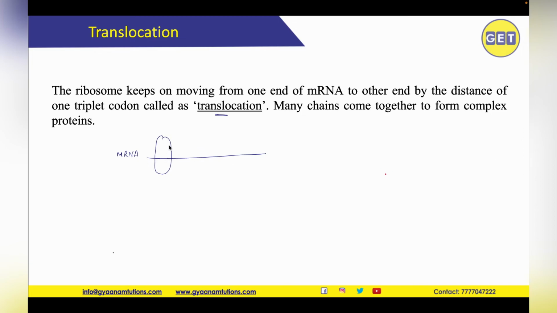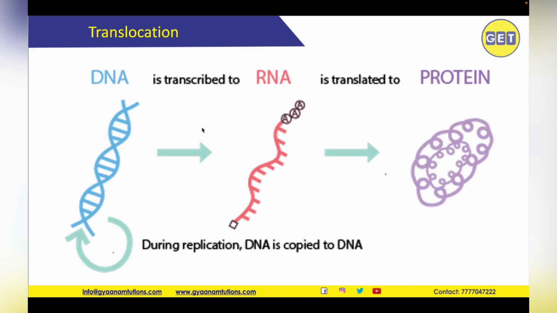Now when it gets attached and the tRNA comes and attaches to the codon, the ribosome will keep on moving from one end to the other as per the triple codons, that means the codons on the sequence of the mRNA. That is known as translocation. Why is it moving? It is moving to make the protein, and therefore the ribosome is considered to be the protein factory of the cell. So this completes the transcription, translation and translocation procedure.